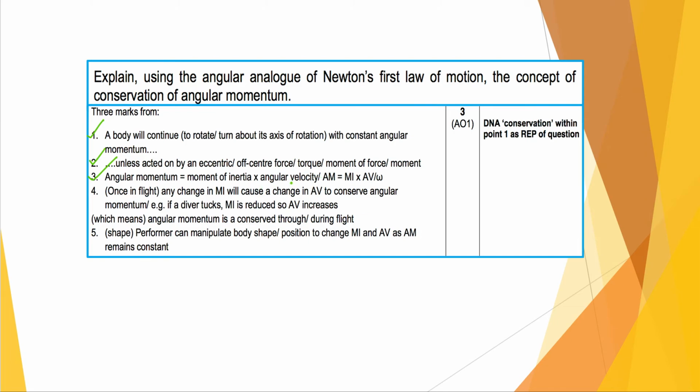So if we're in flight, angular momentum has to remain constant. It will not change until acted upon by an external force, and therefore if moment of inertia does change throughout the flight, angular velocity must therefore change during the flight.